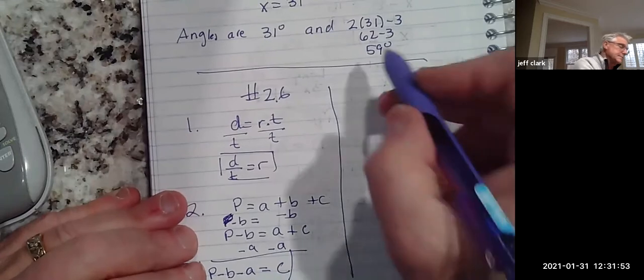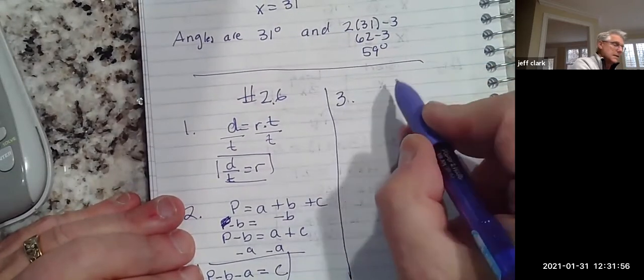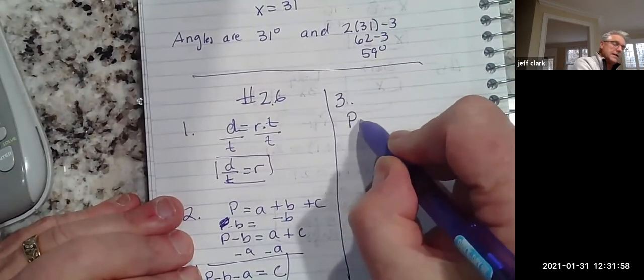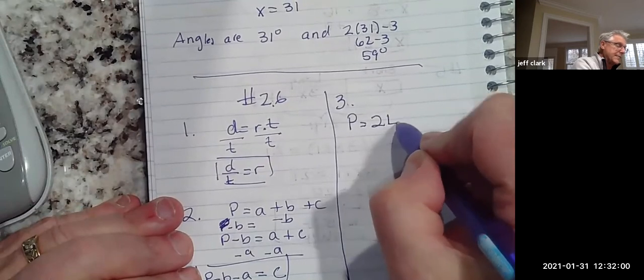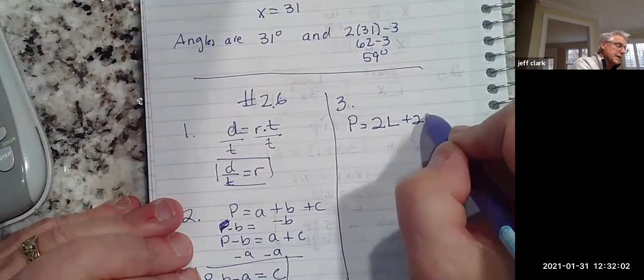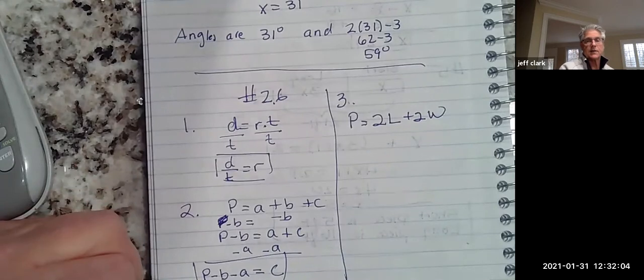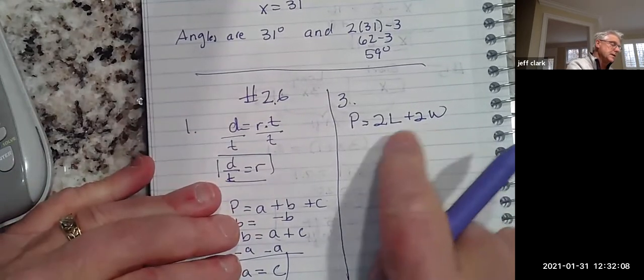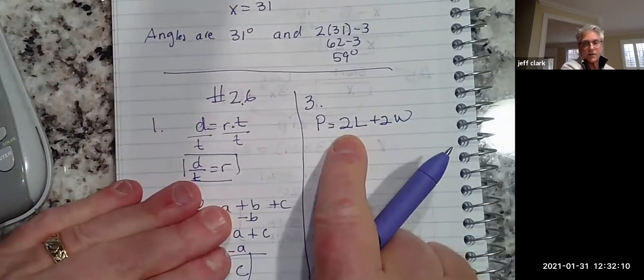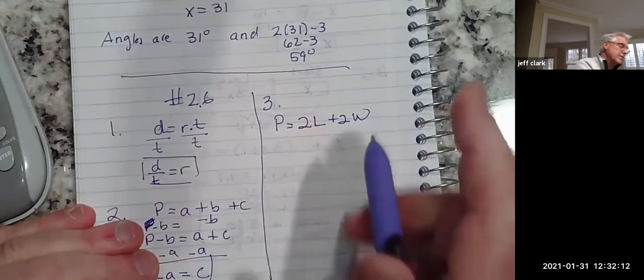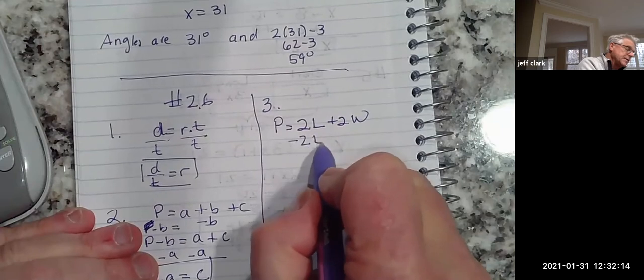Okay, number 3. You've got the letter P equals 2, I'll make that capital L, and then plus 2 capital W. And I'm asking you to get the letter W by itself, this one here. So the first thing I'm going to do is get rid of the 2L. I'm going to move that over by subtracting 2L from both sides.